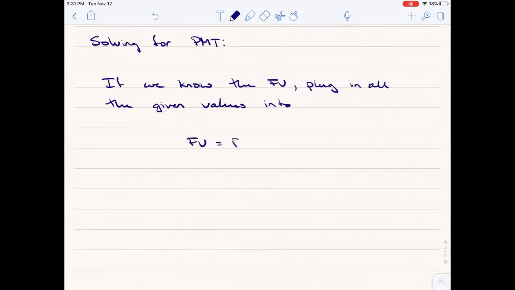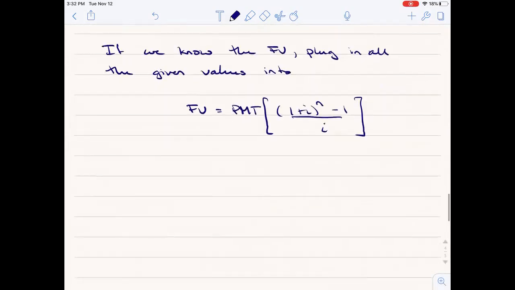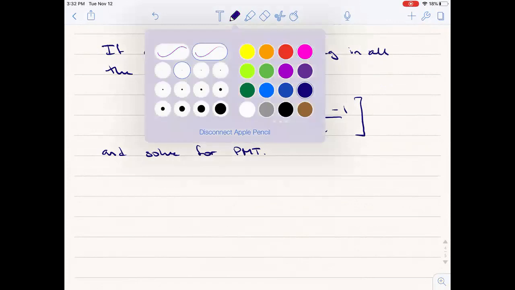Future value is the PMT times 1 plus I to the n minus 1 over I, and solve for PMT. Right. I'm just going to highlight that if we know the future value, you have to use the future value formula. That's not that crazy.